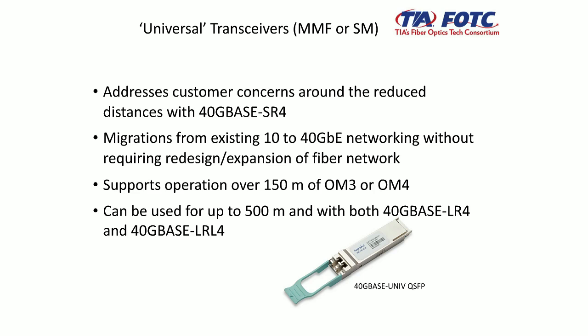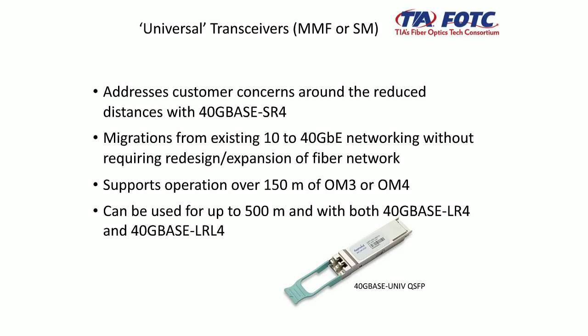And universal transceivers, that was actually in the polling question. So there's a lot of customers out there that are using legacy, low bandwidth, multimode cable plant, OM2, OM2 plus fibers, OM3, but they want to get the reach of a native 40 gig transceiver. So these have been put out there.